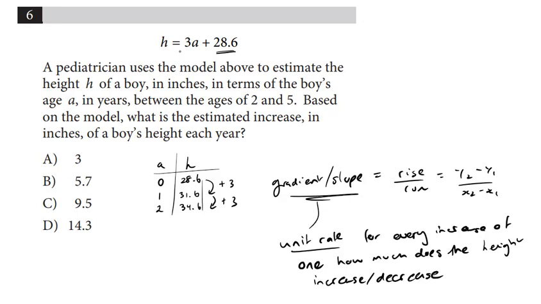And it's just going up by 3 every year. So visually it would be starting at 28.6, and for every 1 year across you've gone up 3. Rise on run, 3 on 1, and you connect the dots.